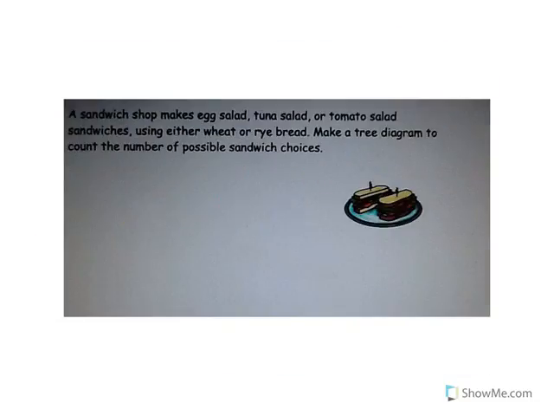So now let's move on to another example here. A sandwich shop makes egg salad, tuna salad, or tomato salad sandwiches. Never had a tomato salad sandwich, but either way, and they have either wheat or rye bread. Make a tree diagram to count the number of possible sandwich choices. So, first of all, again, we got these 3 here, 1, 2, 3. And then we got 2 here, 1, 2. So these things are related to each other, where you can have an egg salad on wheat or rye.